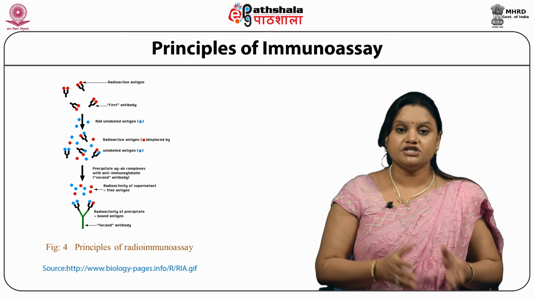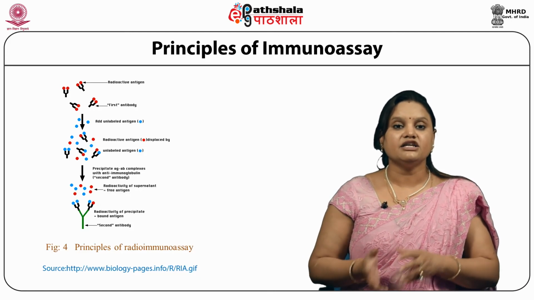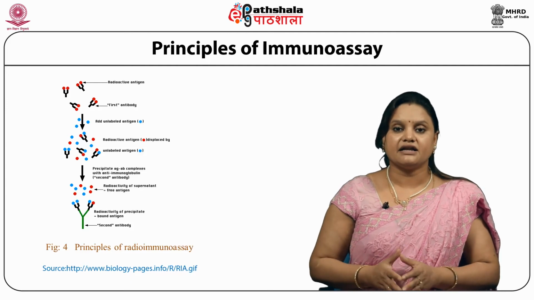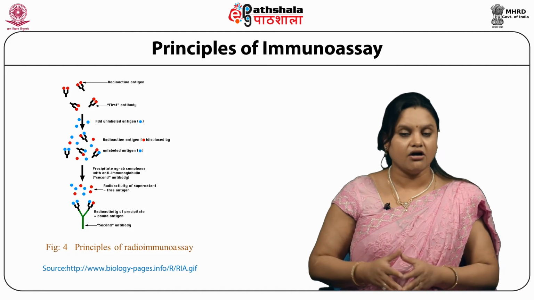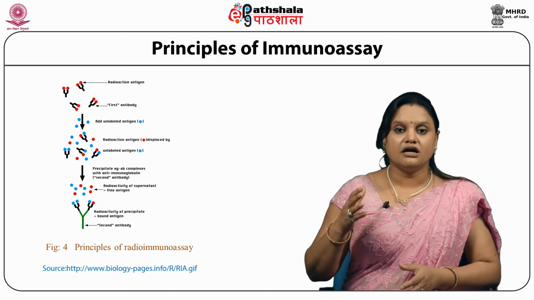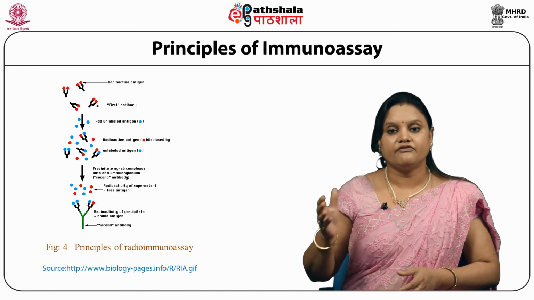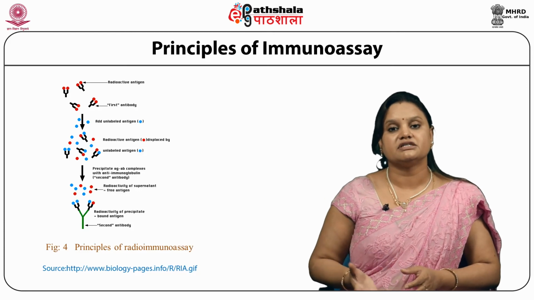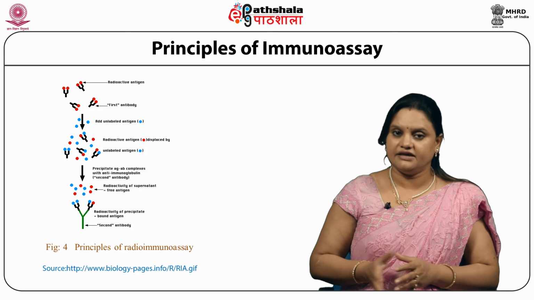The determination of unknown concentrations of antigen then is based on the fact that radio-labeled antigen and the unlabeled antigen from the sample or the standard compete physicochemically for the binding sites on the antibodies, that is radioimmunoassay, RIA.